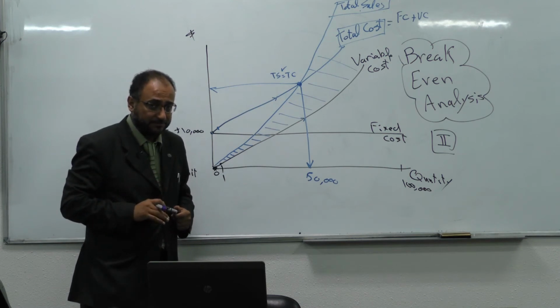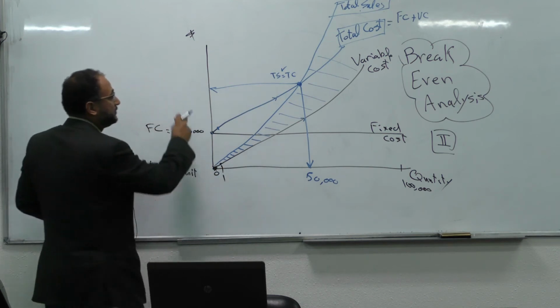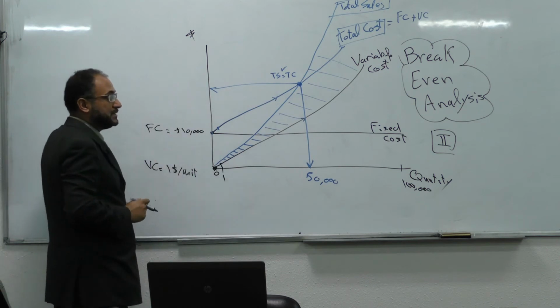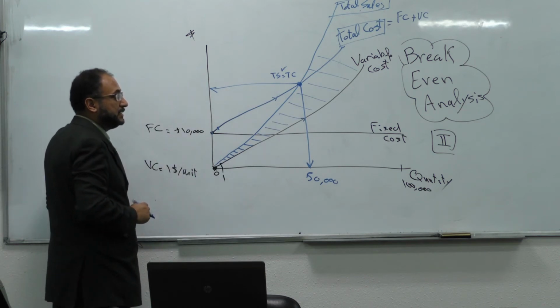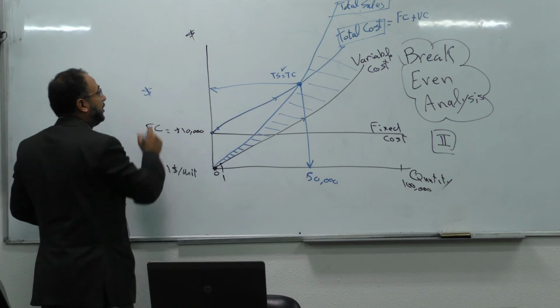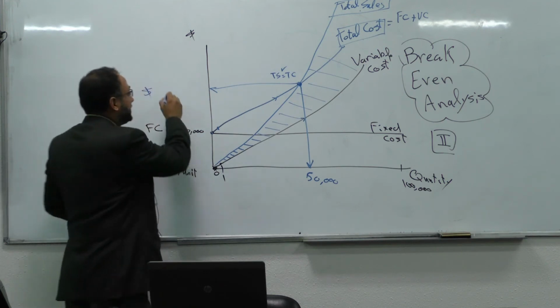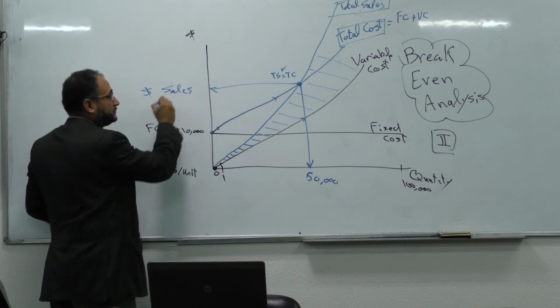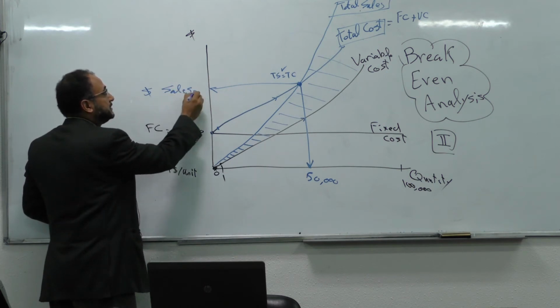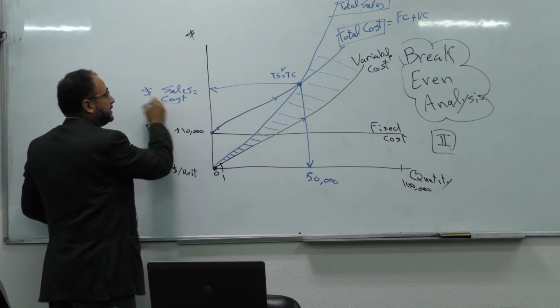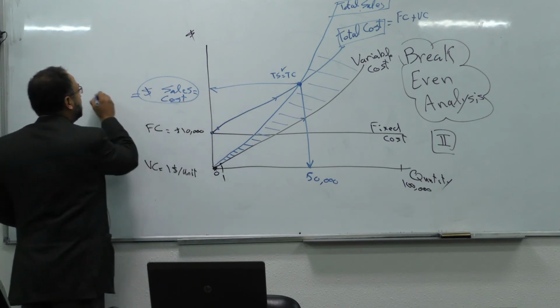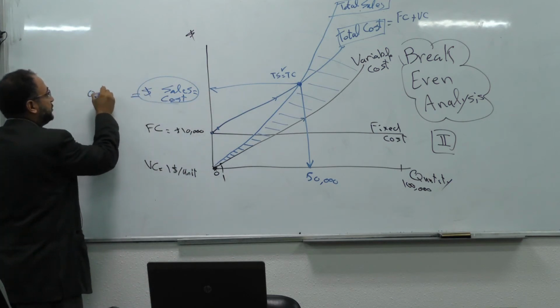At the same time, what happens here is that the total amount of money of sales that we are doing equals the cost we are paying. So we are making zero profit. It's zero profit.